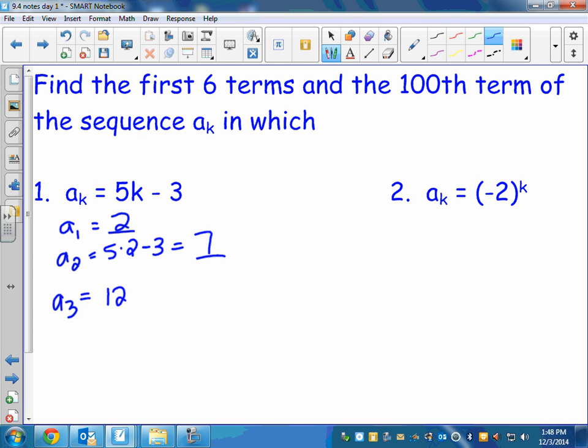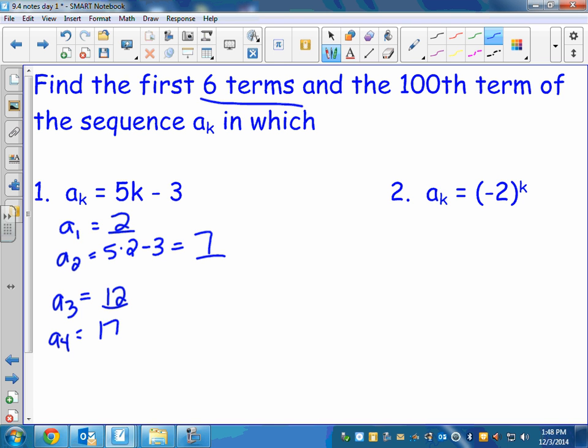And the formula always works, right? But you also can just look at the pattern. What's happening each time? The first term's 2, the second term's 7, the third term's 12. You're just adding 5 each time, right? So we could say 12 plus 5 is 17, or we could plug 4 in there and still get 17. Works either way.